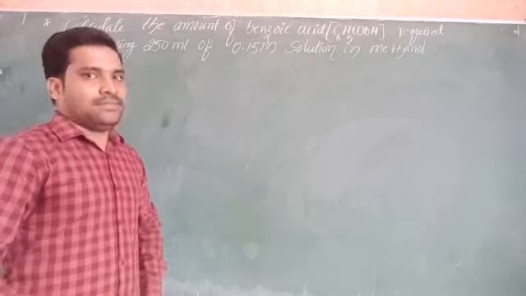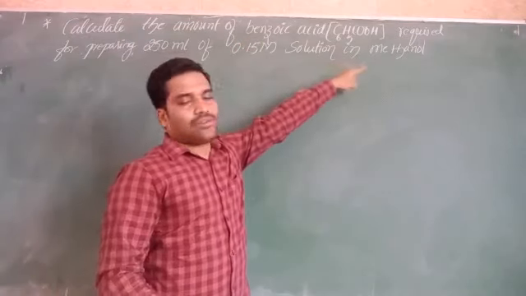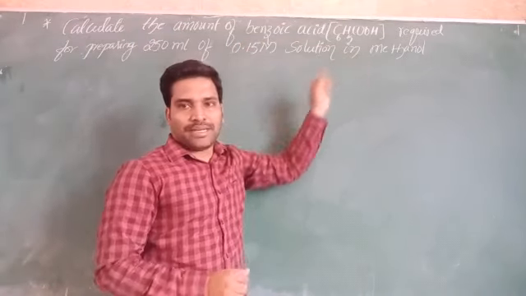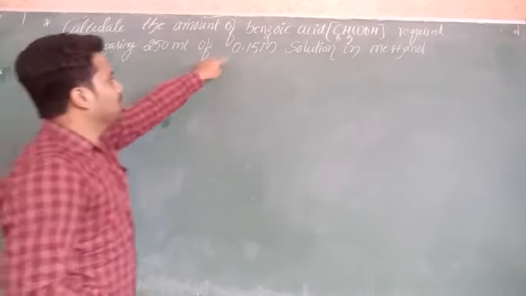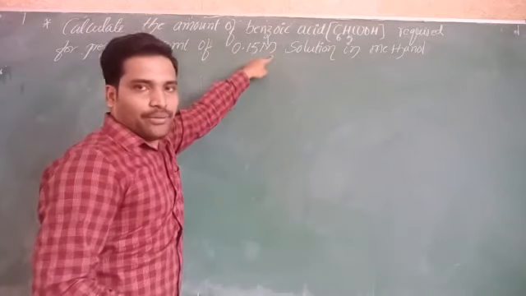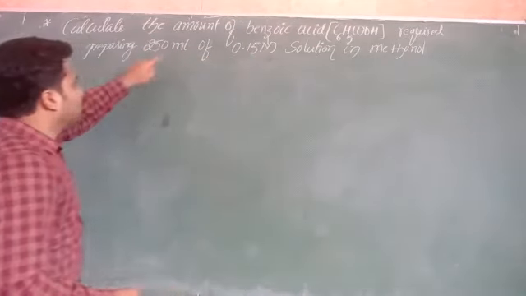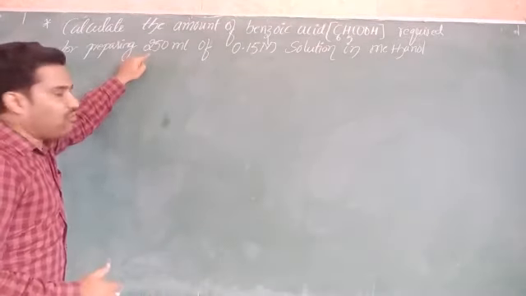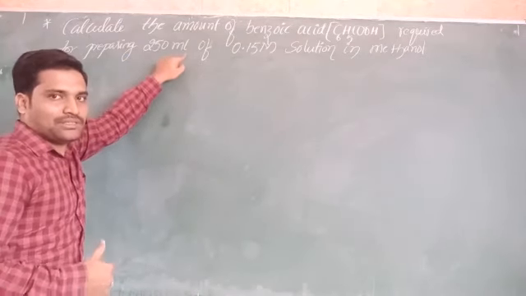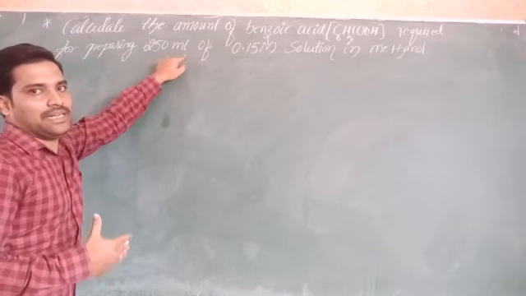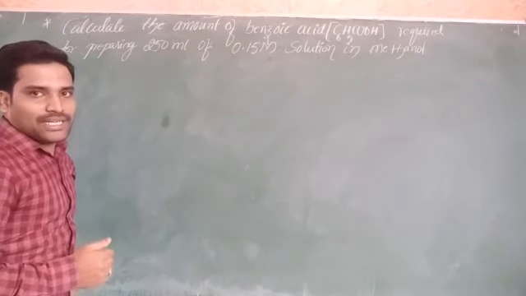That means benzoic acid is dissolved in methanol to prepare a solution. Are you following? The concentration of that solution is 0.15 m. They are going to prepare a solution of volume 250 ml. For that preparation they ask you to calculate the amount of benzoic acid.